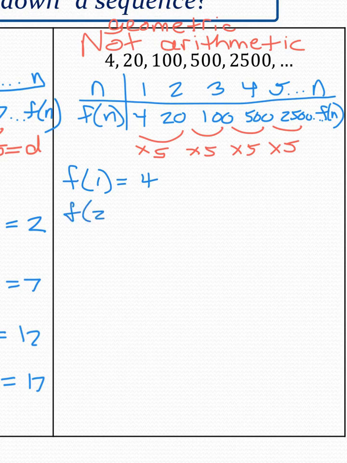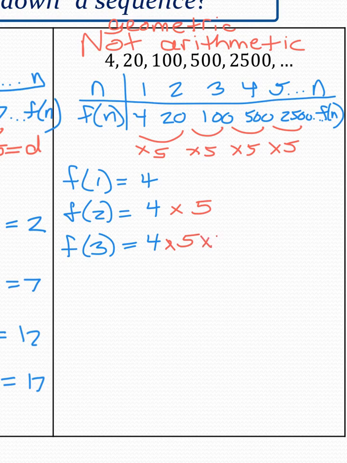F of 2, I'm going to start with my 4, and then I'm going to multiply it by 5. F of 3, I'm starting with my 4, and I've got 2 5s now, 5 times 5 to get up to f of 3. So I'm going to write that as times 5 times 5.